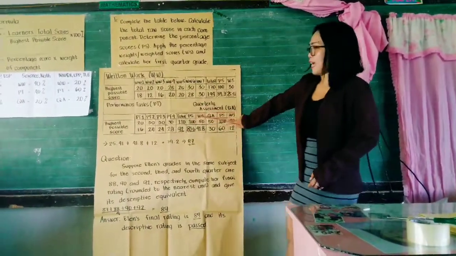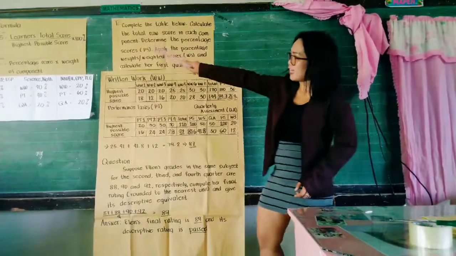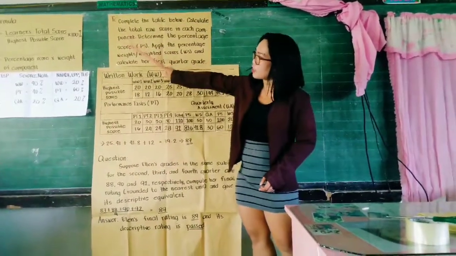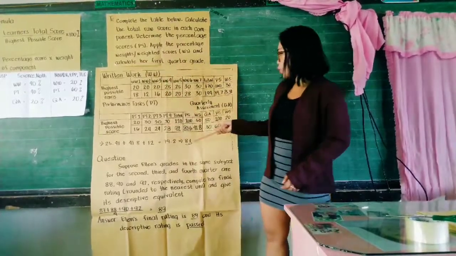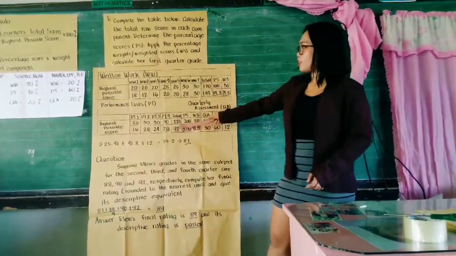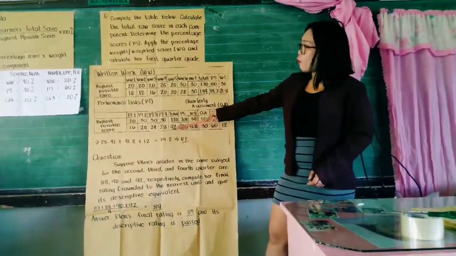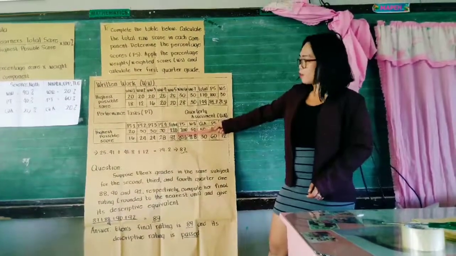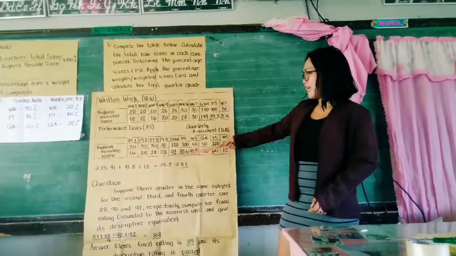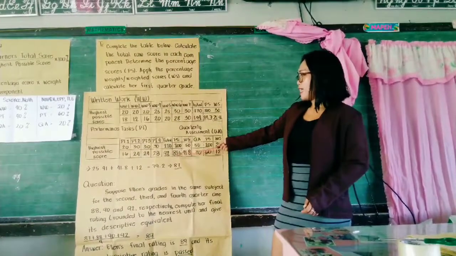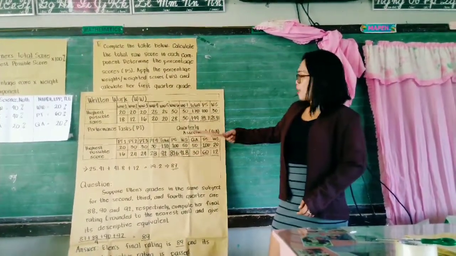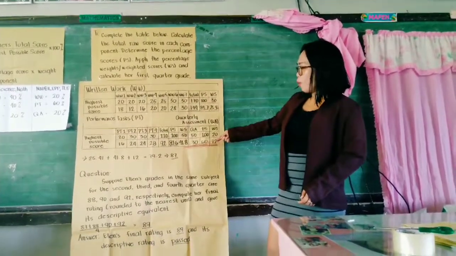Then, to get the PS, I use the formula again. The PS equals learner's total score over highest possible score times 100. So, 92 over 110, times 100 equals 83.6. Then, 83.6 times 50 equals 41.8.